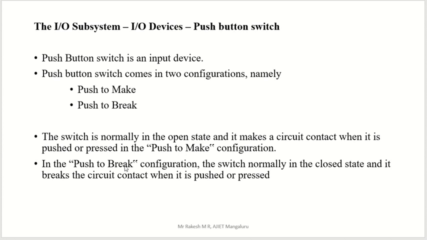Here we can consider your fan switch. If you put the switch on, then the fan will rotate. That is called push to make. To rotate a fan, you put the switch on. To stop the fan rotation, we break that circuit. That is push to break. That is one example of a push button switch.